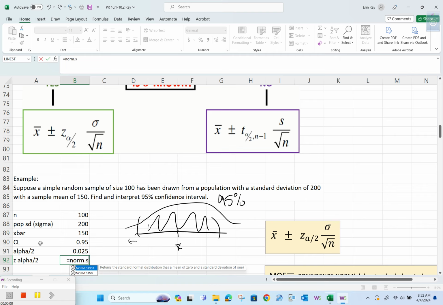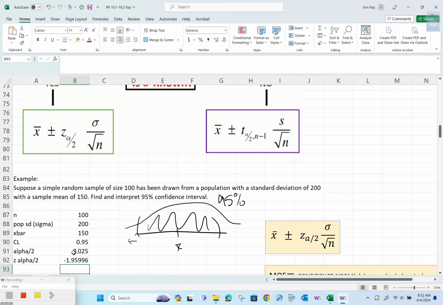So it's norm.s.inverse, and you just grab that alpha over 2 to give you the negative z-score that correlates. But if this is my actual mean and it's not 0, I don't want the standardized value, I want the actual value. That's where the second part of the formula comes into play. It changes it back to the normal value rather than the standardized.